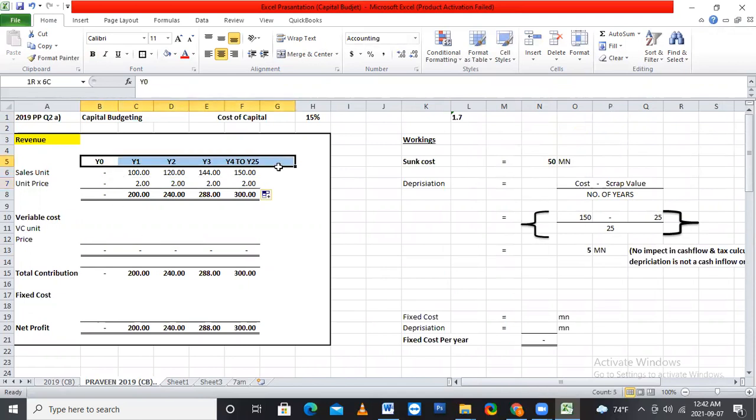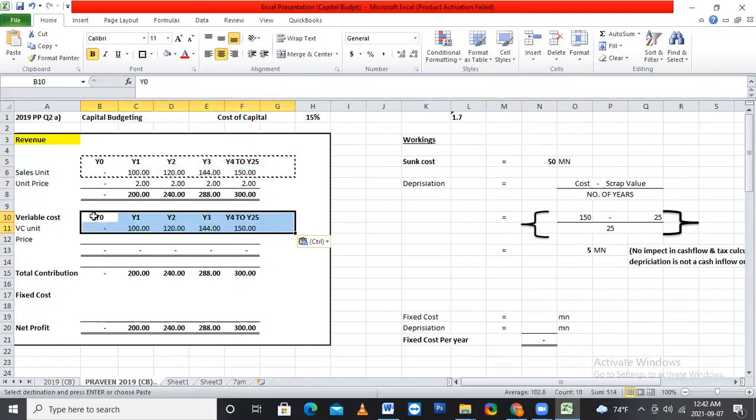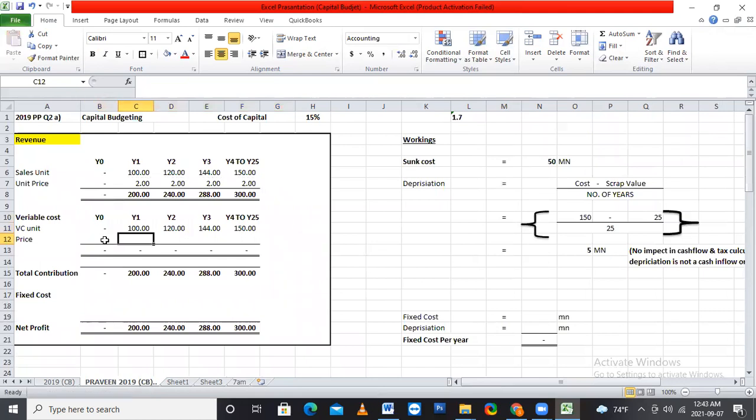The variable cost per unit is also the same: in year 0, no price, and from the first year 1 million variable cost, the same for the later years. The contribution is sales minus variable cost. Sales value 200, variable cost 100, so 200 minus 100, 100 is the contribution.